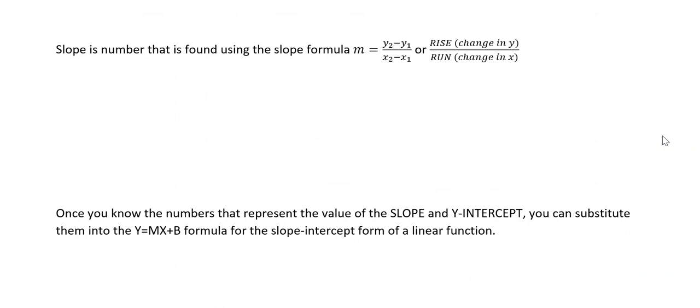How do we find the slope? Well, there's two common ways that you want to remember. The slope formula. Be able to apply the slope formula when you have two coordinates or when you can find two coordinates from a word problem or a graph or a table of values.